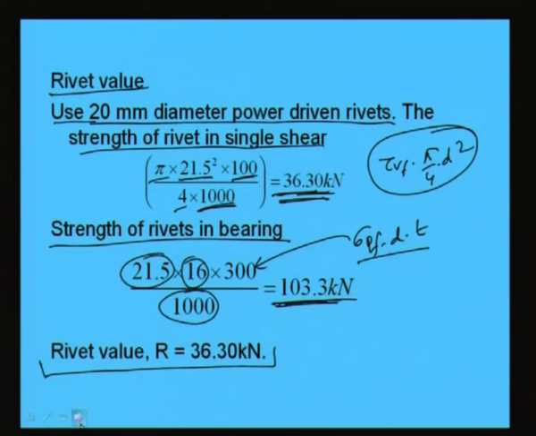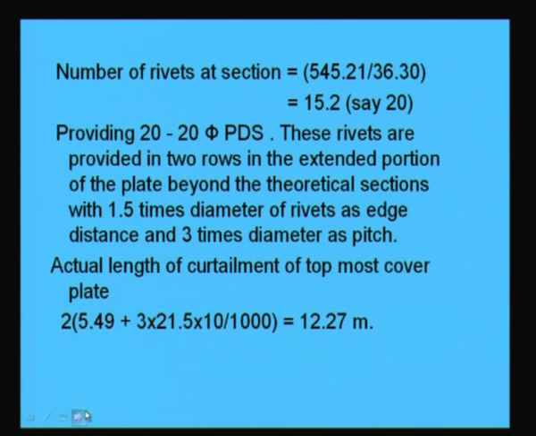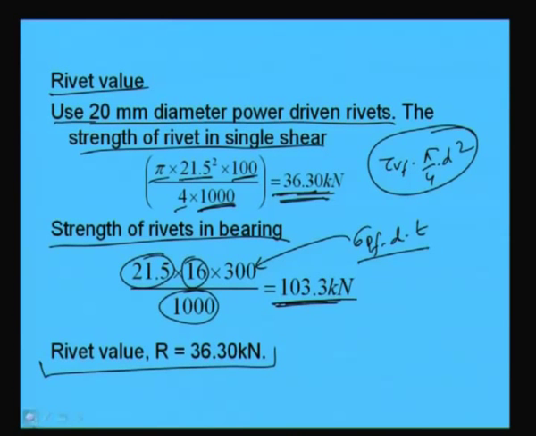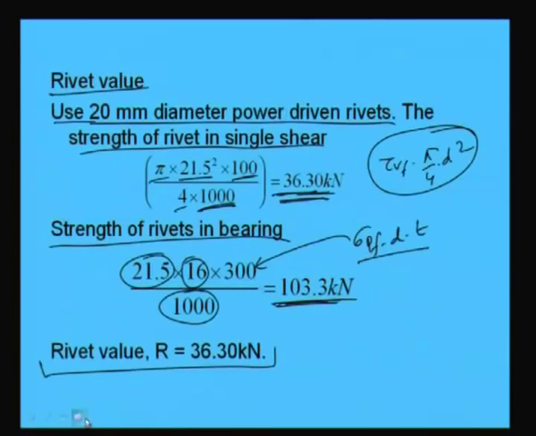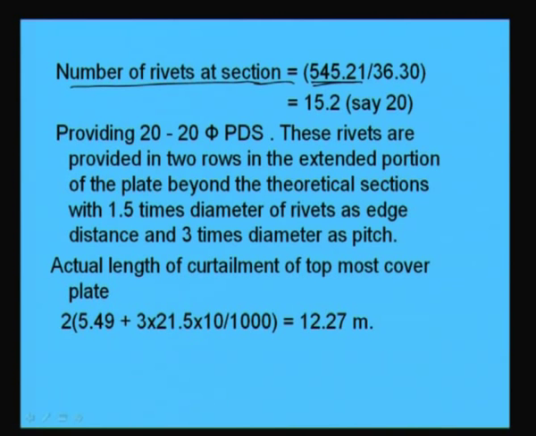So, in this way we can find out the rivet value with 20 mm diameter power driven soft rivet. The moment we get the rivet value, we can find out the number of rivets at the section. So, what will be the number of rivets at the section? That will become the force we got here, 545.21 kilonewton, the tensile force at the cover, by the rivet value, that means F by R. From this we are going to get 15.2, right.